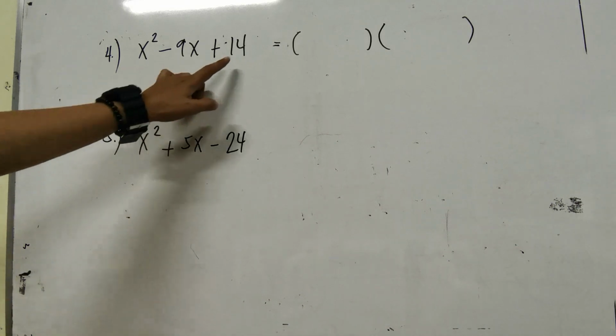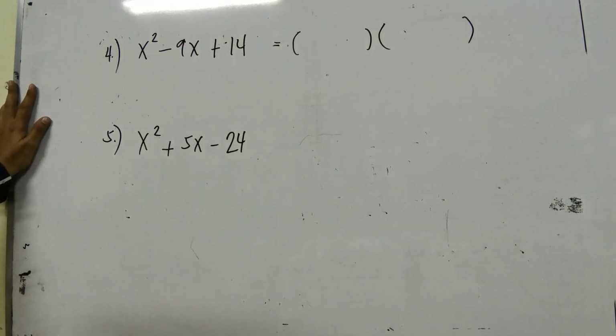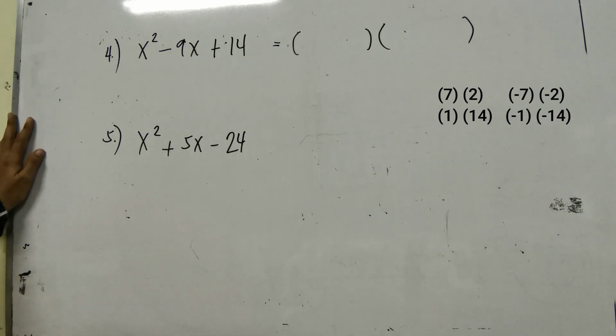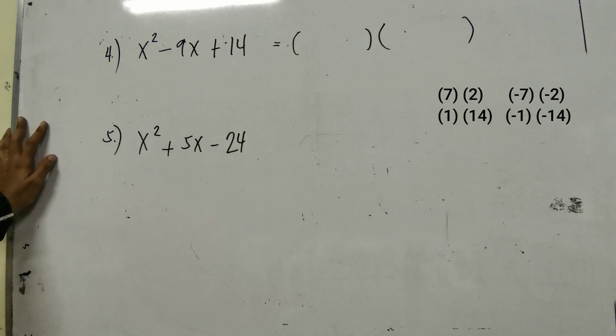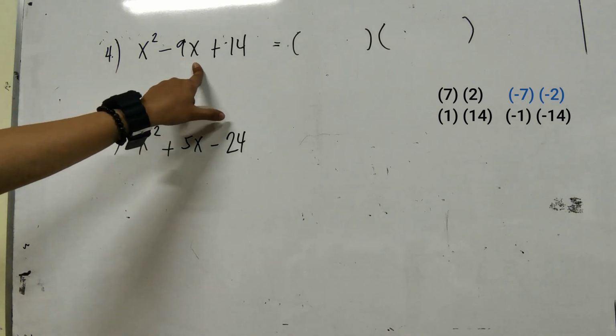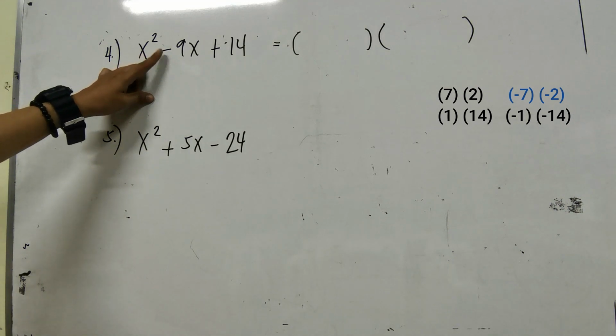Since meron na kayong sagot, so i-apply ko yon dito sa pagsasagot sa ating number 4 and sa number 5. So let's say for example, I have here positive 14. So ibig sabihin, ang mga factors ko dyan, 7 times 2, 1 times 14, and aside from that, wala na. So, dun sa dalawang factor na nabanggit ko, ang factor na kapag inad ko ay 9 is yung 2 times 7. Pero, take note na yung sign ko sa gitna ay negative.